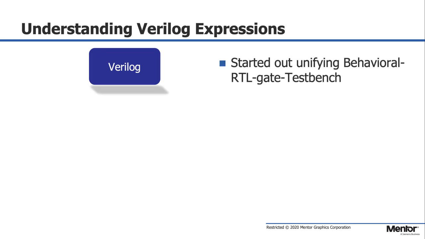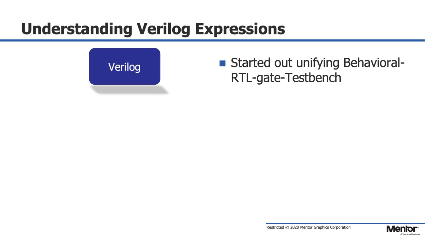Now, let's get into what Verilog expressions have to do with constraints. And in order to do that, we have to sort of go back and understand where Verilog came from. It started out unifying behavioral languages with RTL, gate level, and test bench all into one language.